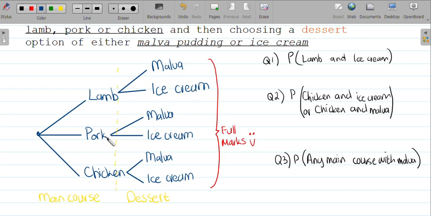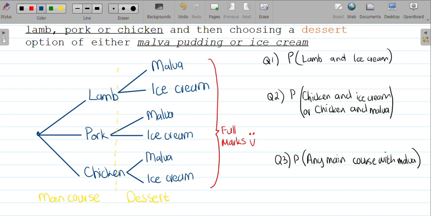You do the same for pork, because if you choose pork first as a main course, then there's a possibility of malva and ice cream. And if you choose chicken, then there is a possibility of malva and ice cream. So as you can see, guys, this is a tree diagram laying out all the different possibilities if a person chooses a main course and a dessert at random.